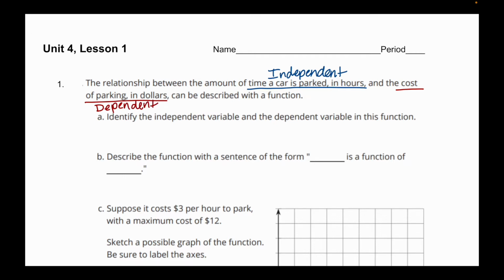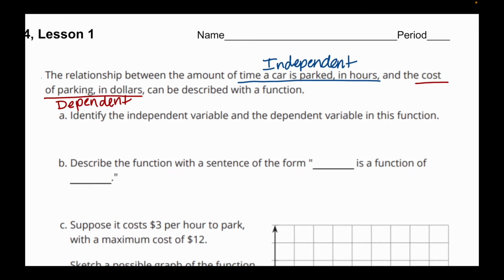So I'm just going to write myself my answer as a sentence here, just so that I can be thorough instead of relying on someone to see my underlined things.